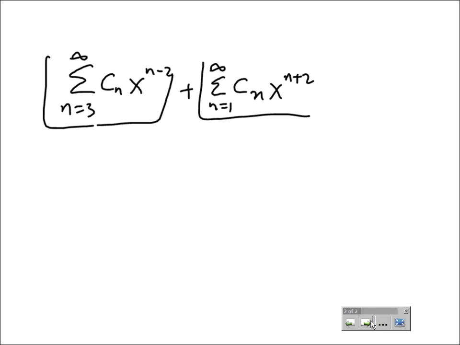Now, the instruction is to write this, not using x to the n minus 2, not x to the n plus 2, but say x to the k.